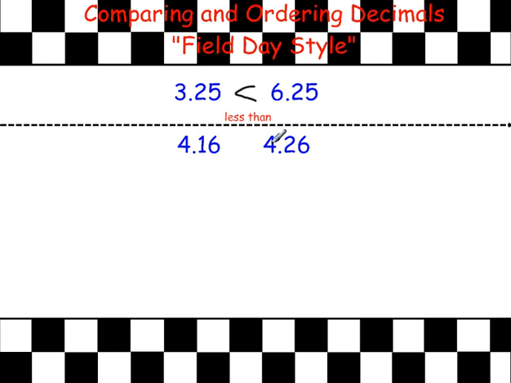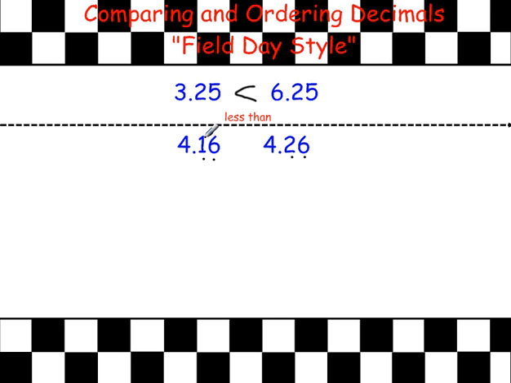If the whole numbers are the same, then we look at the digits behind the decimal. Well, this one has 2 digits behind the decimal, and this one has 2 digits behind the decimal. Since both numbers have 2 digits behind the decimal, we are going to consider this a fair race. Now all we have to do is determine which one is greater.